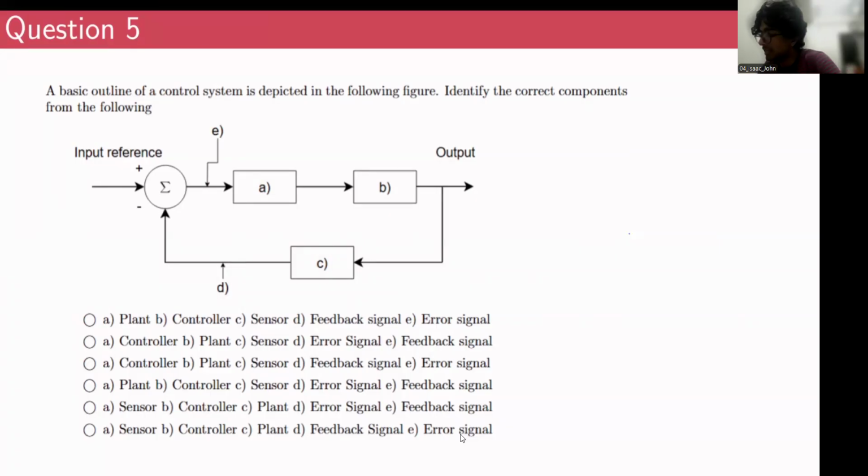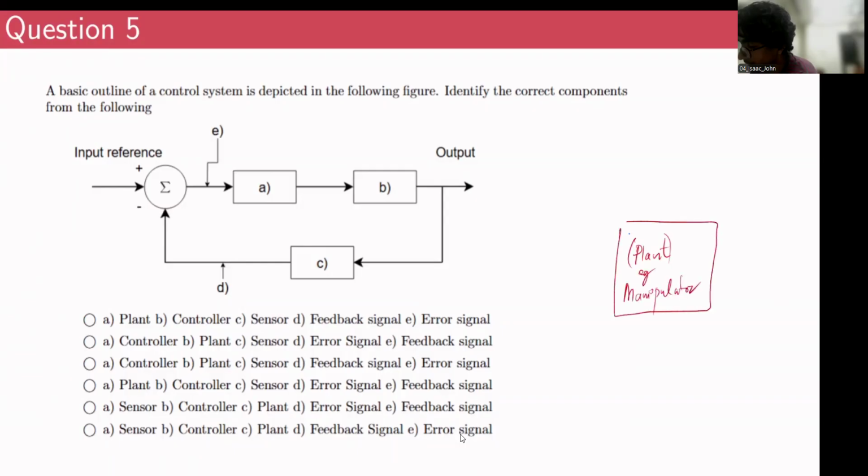So I'll just give a brief overview of how a control system would look like. You have a robotic manipulator, or we can call it collectively a plant, that we are trying to operate. So an example would be a robotic manipulator over here.